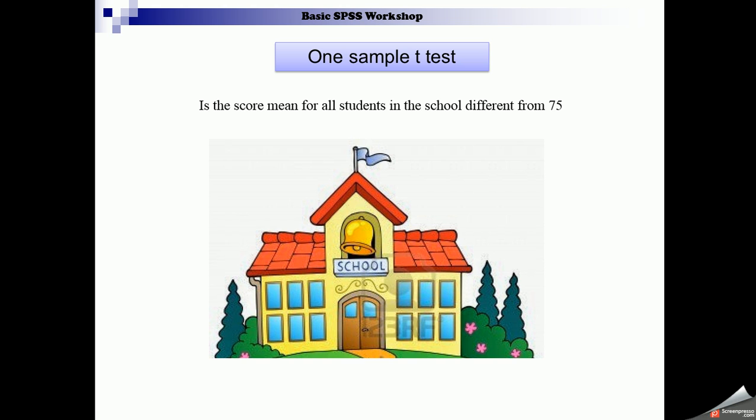We cannot get the scores for all the students in the school. We only take our sample, which is these two classes. We want to check if it is different from 75.